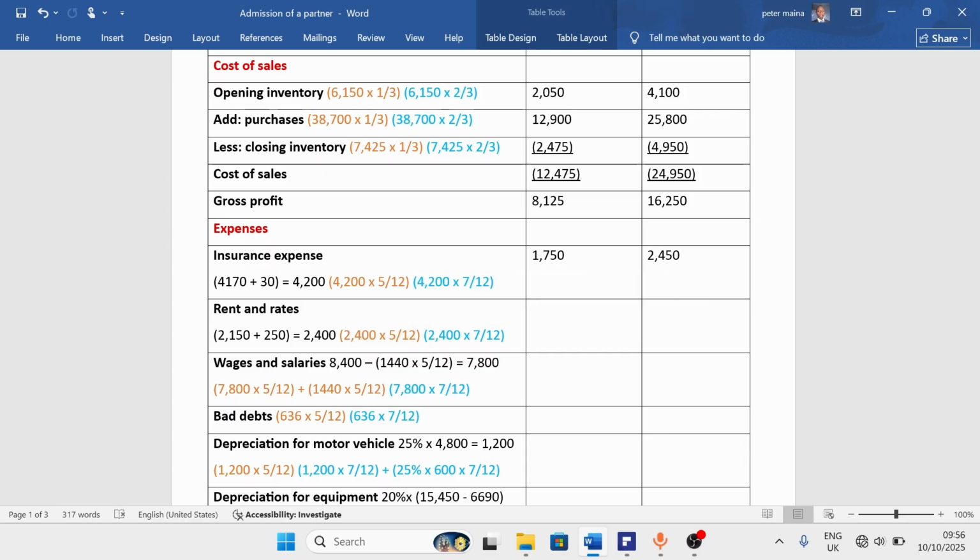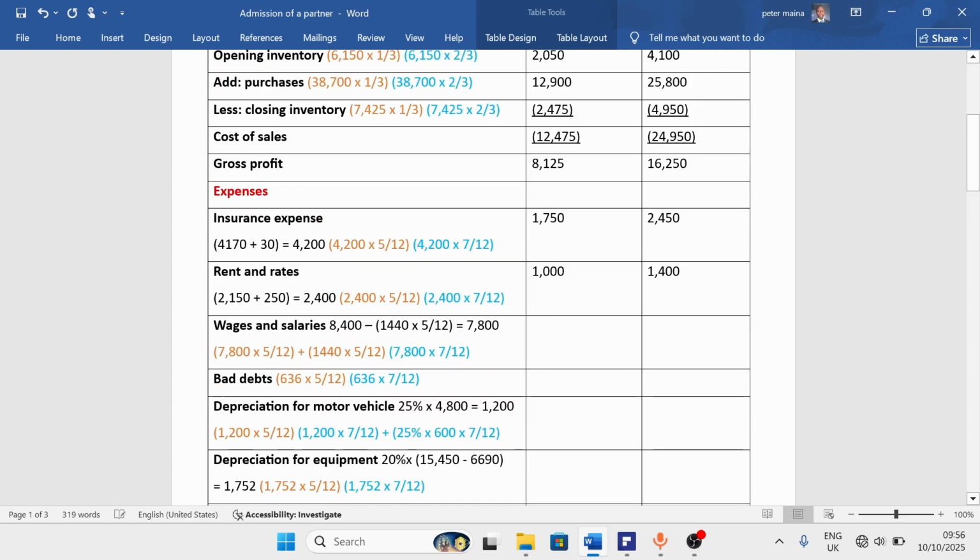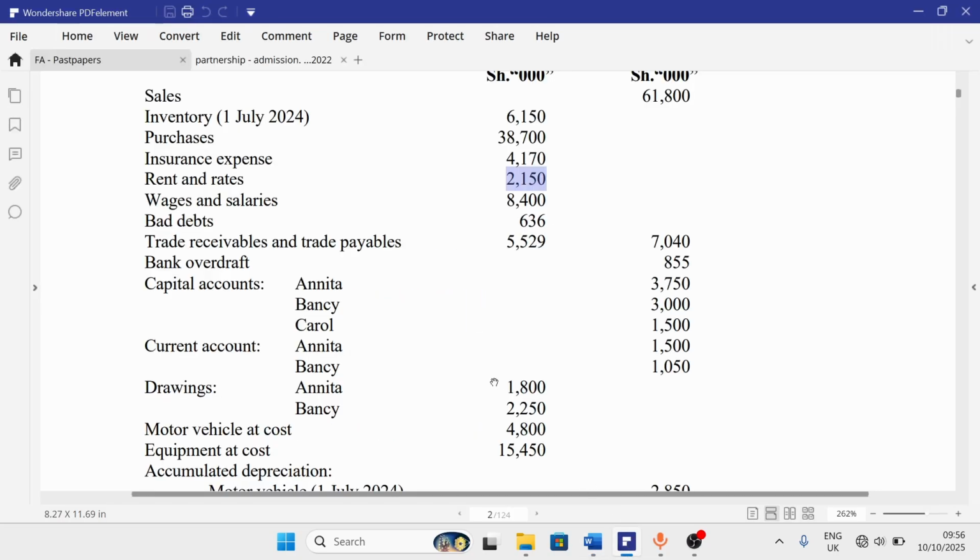So 2400 multiplied by 5 divided by 12 gives us 1000. That is for the first period. For the second period, we are going to multiply by 7, then we divide by 12, and that will give us 1400. We go to the next expense, which is wages and salaries.